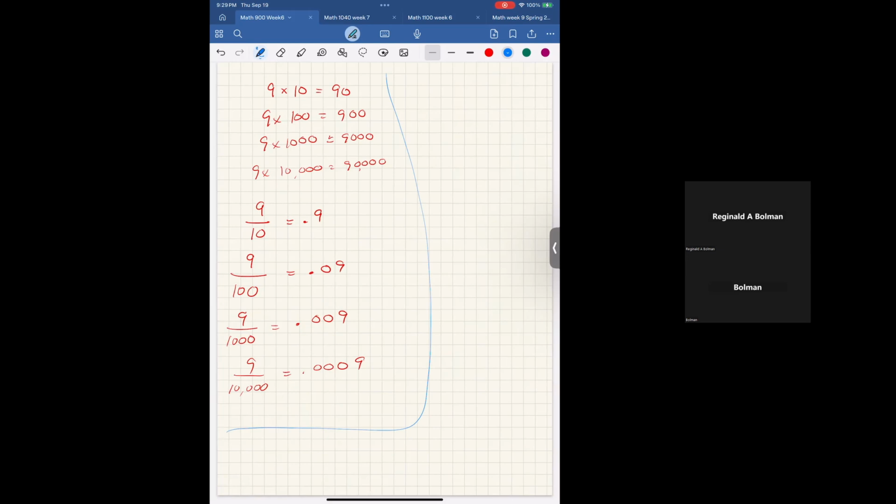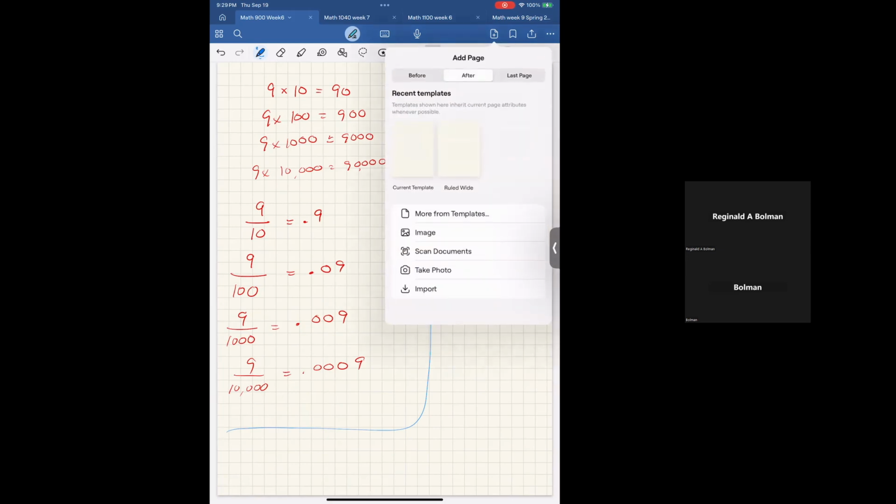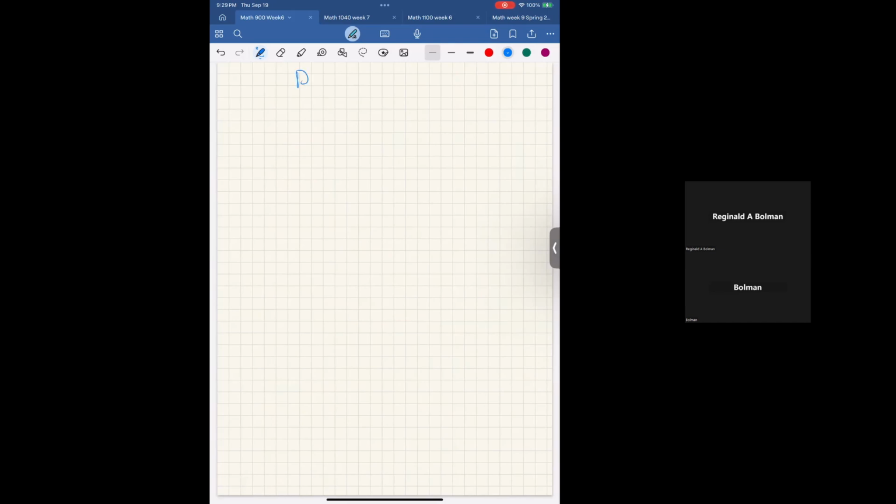Now, in terms of division with decimals, suppose you wanted to take 20.5 and, I don't know, divide it by 10.3 and ask the question, what is this going to be?